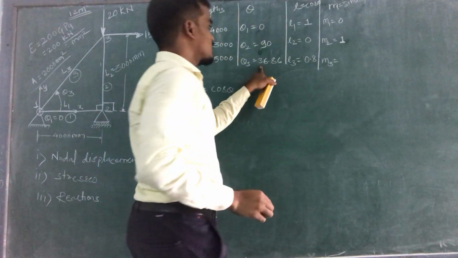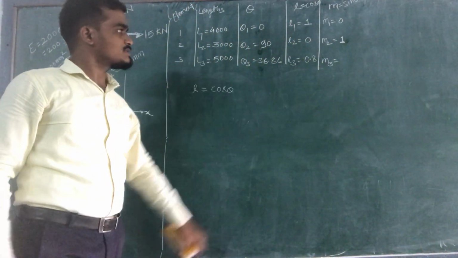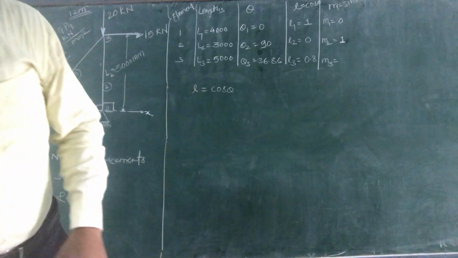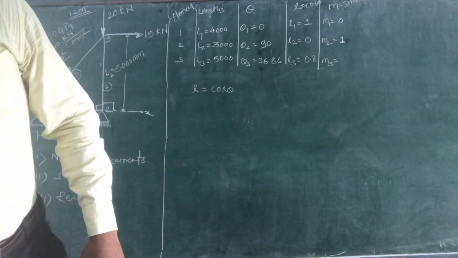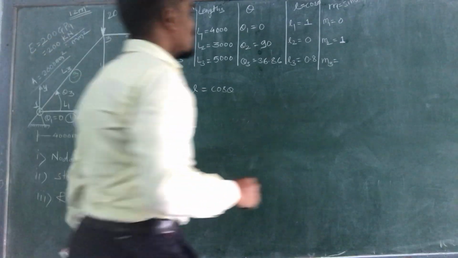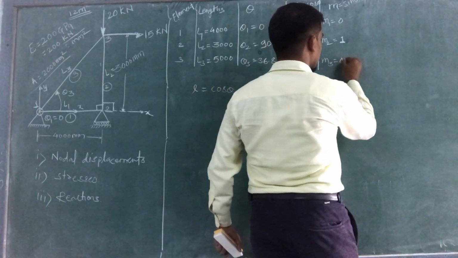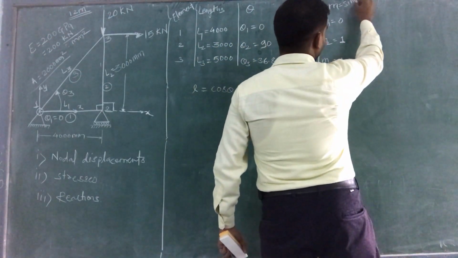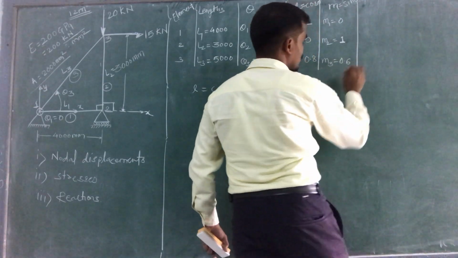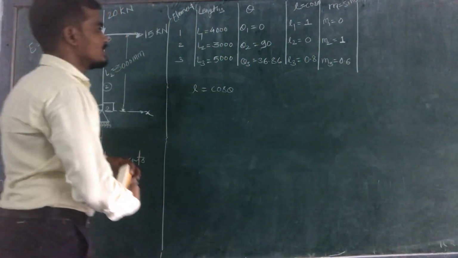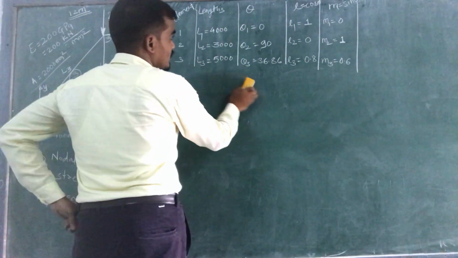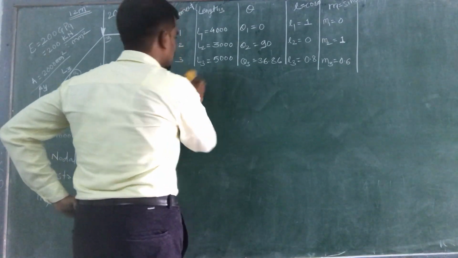Okay, and sin 36.86 is equal to 0.6. Okay, so in this way you will get l and m values.